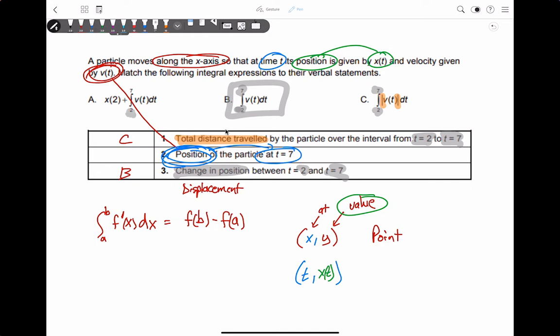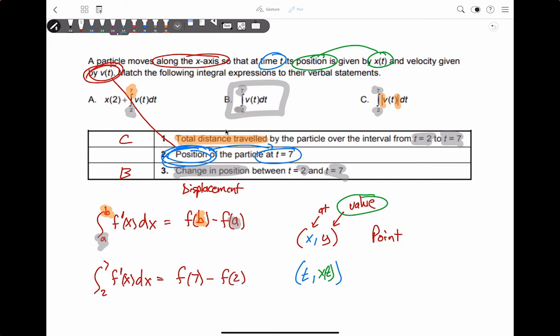So that'll go here and here. And I know that my high value is 7. Oops, let me use a different color. That goes here and here. So I could essentially just replace this as the integral from 2 to 7 of f prime of x dx is equal to f of 7 minus f of 2. And that's all from the first fundamental theorem of calculus.